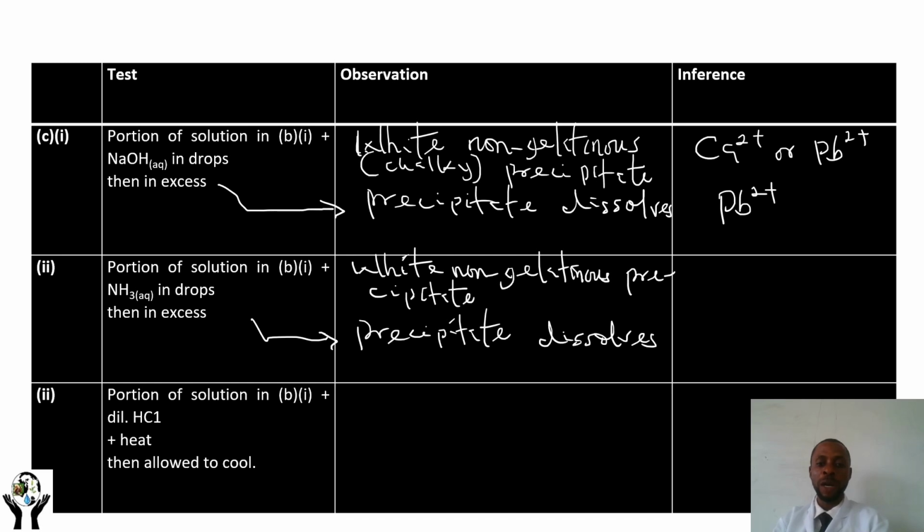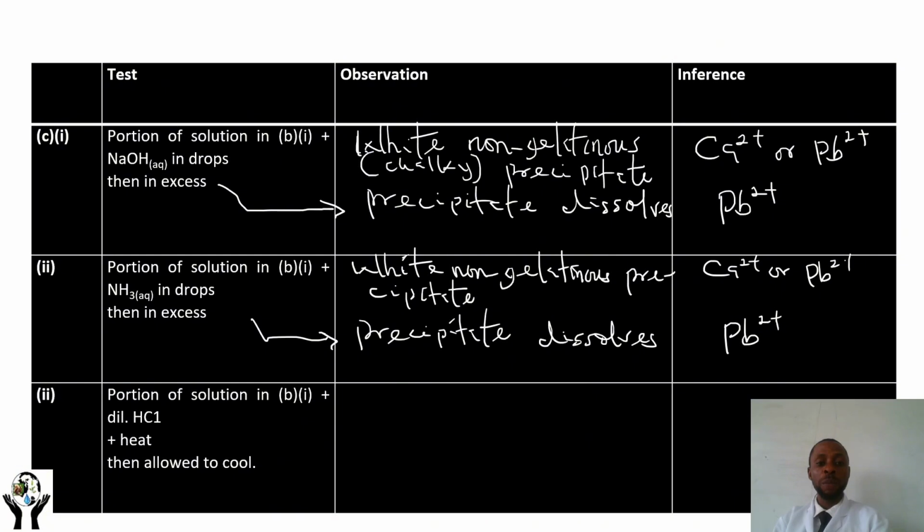So at first, when you add in drops and you have your white non-gelatinous precipitate, that is still going to be either Ca2 plus or Pb2 plus is present. And when it dissolves in excess, that is only also for Pb2 plus.